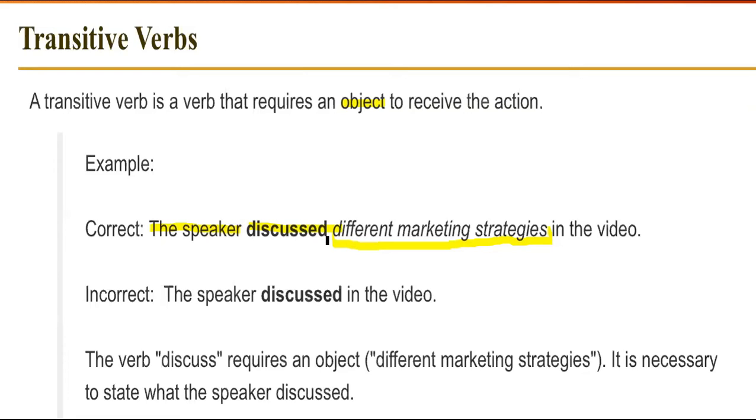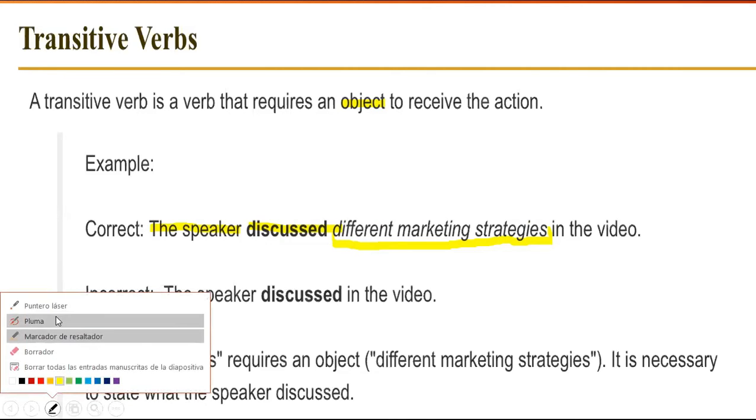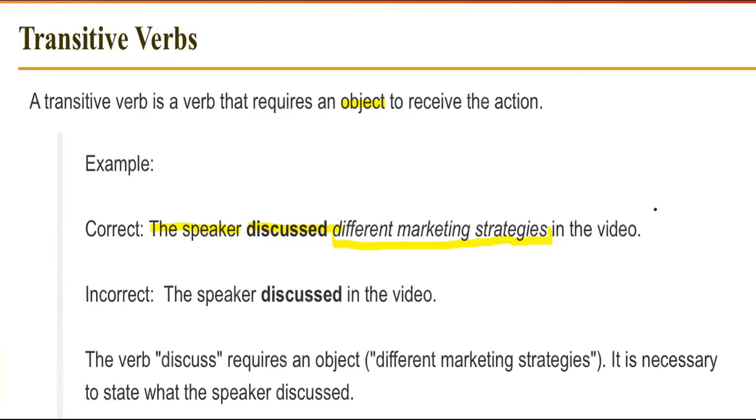So the formula to know if it's a transitive verb is always the same: what plus the subject plus the verb, and you must have an answer. What the speaker discussed: different marketing strategies. So we can say this is a transitive verb. Exactly.